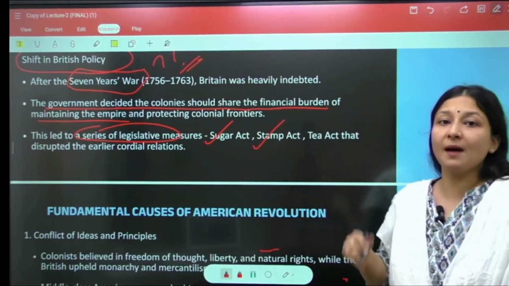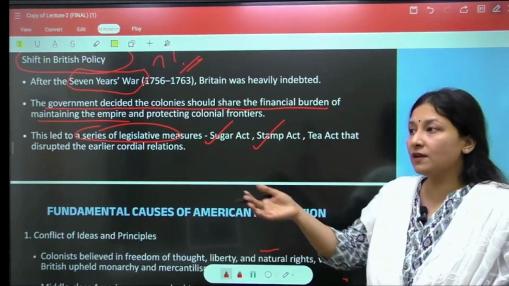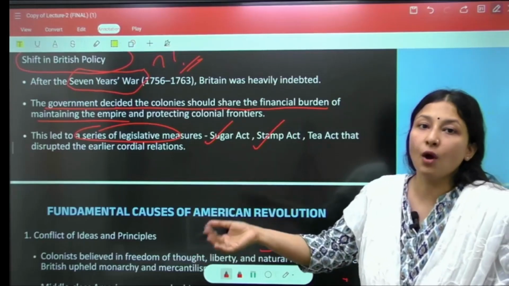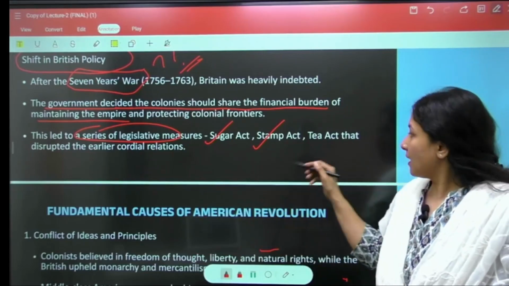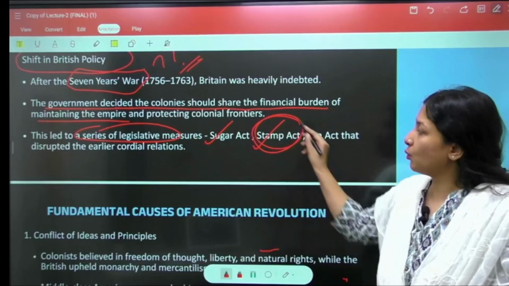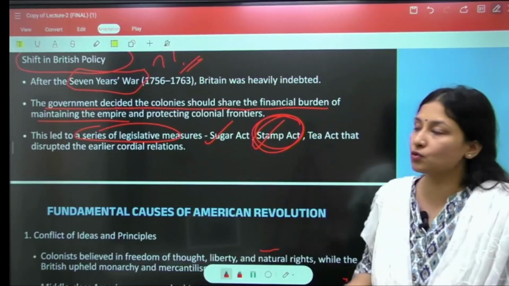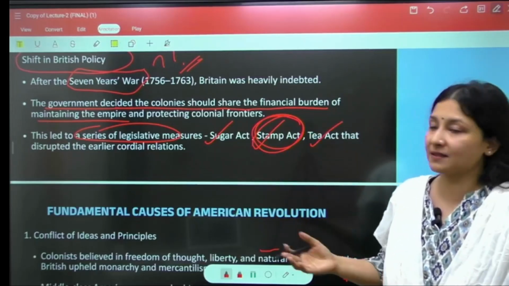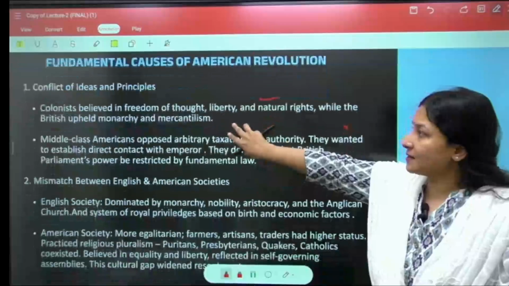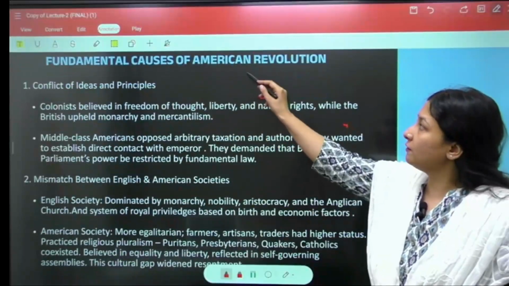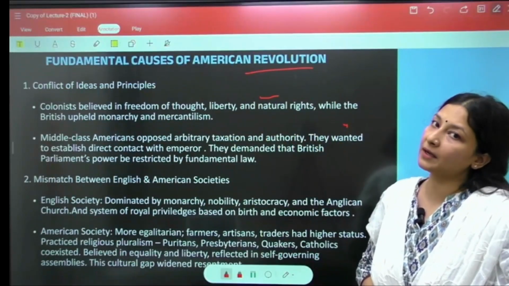Stamp tax. Now, stamp tax is not even relevant; they are not even using the stamp duties of Britain or Europe in North America, right? This was one of the major bones of contention that later led to a lot of conflicts. Tea Acts, right? We will see in detail what were the fundamental causes of the American Revolution.